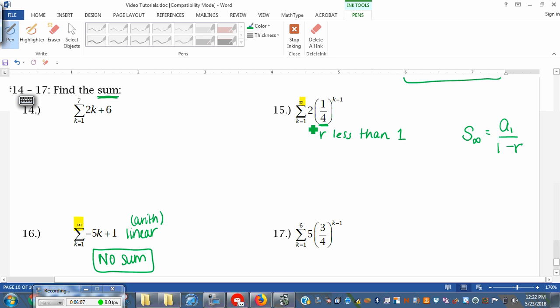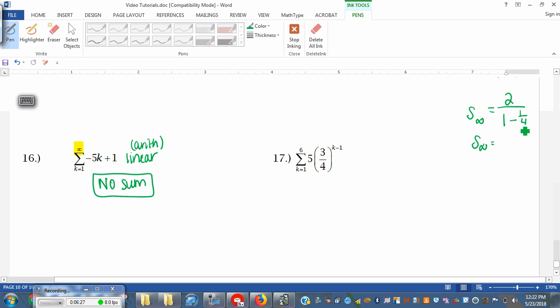Okay, the first term, because we're starting here at 1, the first term then is just 2. 1 minus r, remember r is the 1/4. If you guys were to simplify this, 1 minus 1/4 is 3/4.